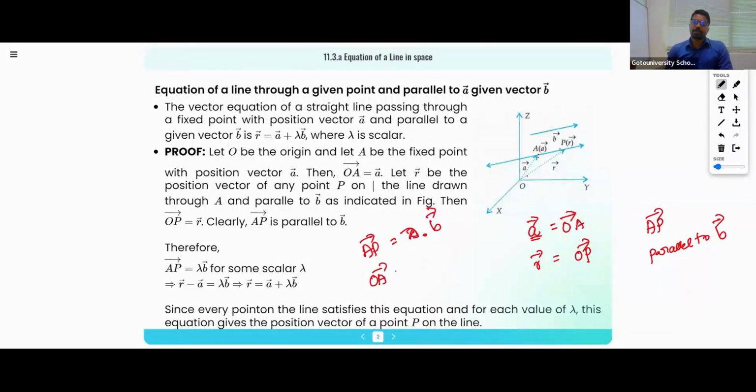So OA plus AP is equal to OP. By the representation, this is A, plus lambda times B, which is equal to OP, vector R. This is how we use the equation of a vector in three-dimensional space.